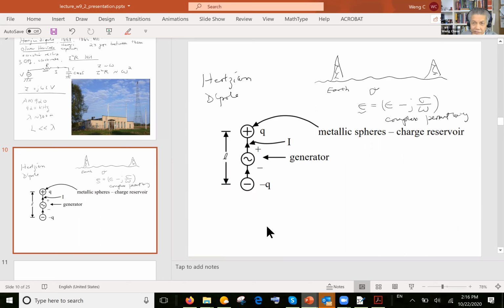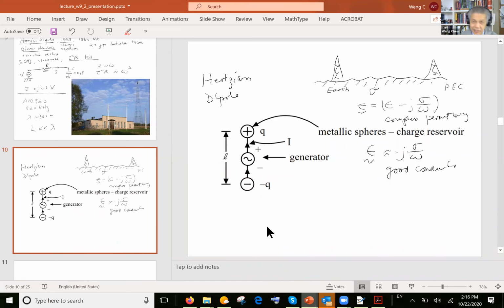So if you're operating at a very low frequency, if ω is very low, then the Earth, the good Earth, is essentially something like this, and then it's a good conductor. So for an approximate model, you can think of the Earth as a PEC.